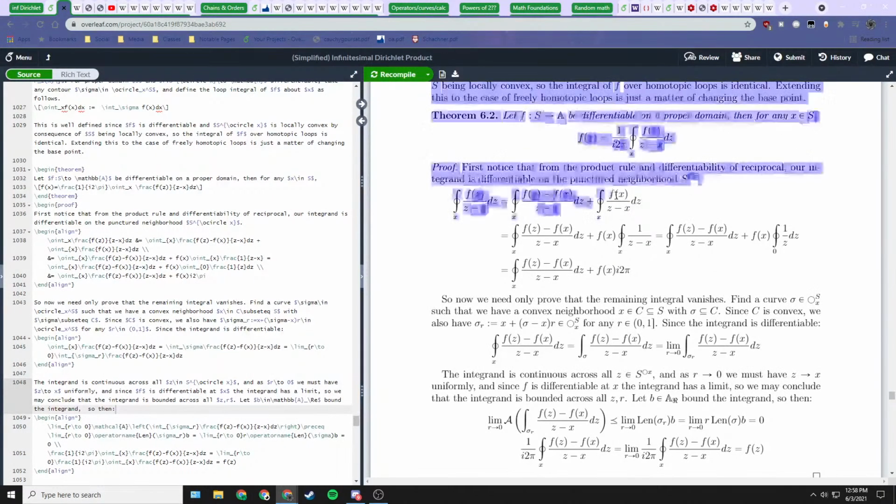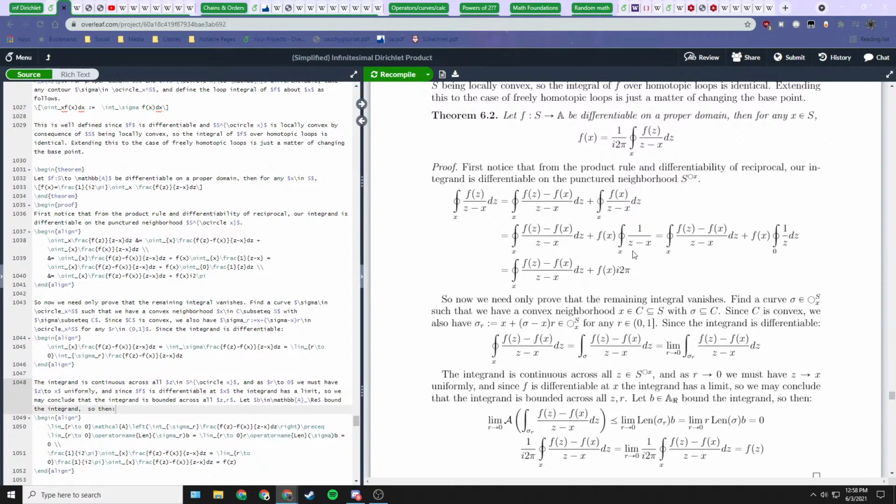So in order to figure out this one, we can factor out this f of x as a constant, and then we just have this circular integral of this reciprocal. To solve this, we just translate this whole integrand, so we do a translation or a substitution. Instead of doing a circular integral around x, we do a circular integral around 0 and just translate z by x units.